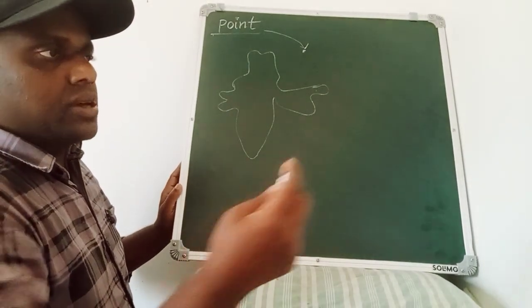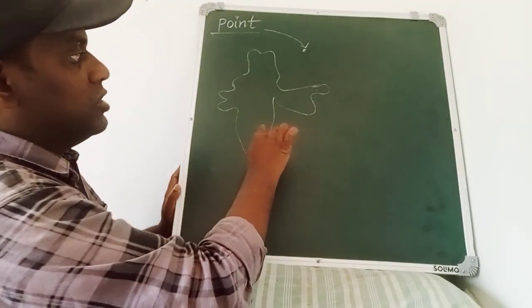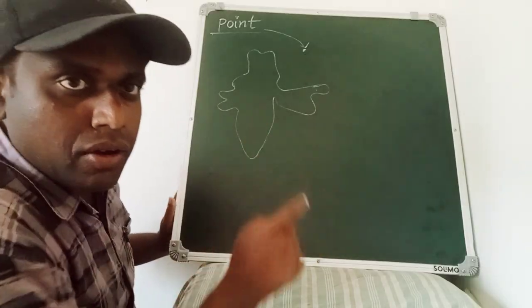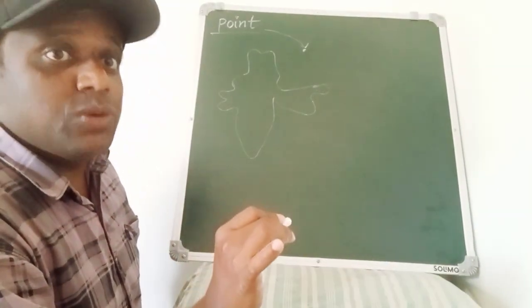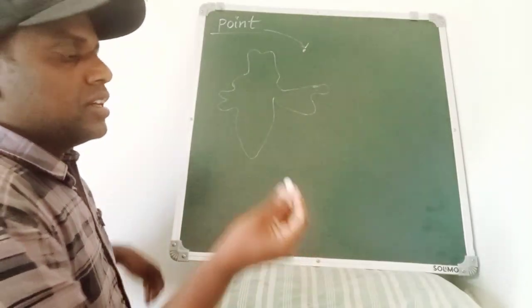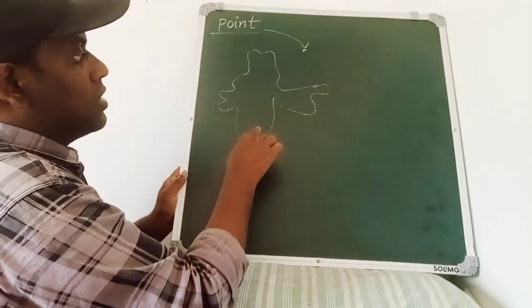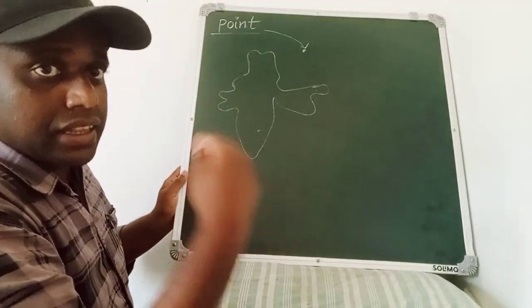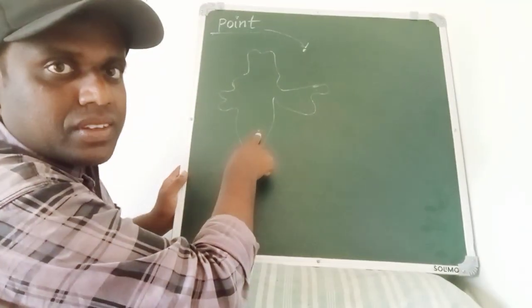When somebody asks me to show where that state is on the India map, that time I'll put a point like this and tell them, here is the Karnataka state.